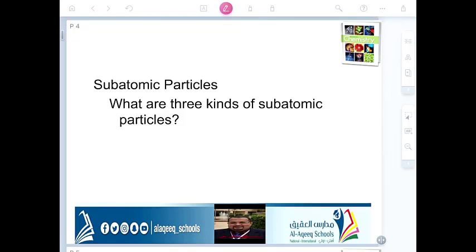As you know, in the atom we have something called subatomic particles. The atom has a nucleus containing protons carrying positive charge, neutrons, neutral, and the electrons outside carrying negative charge. So we have three kinds of subatomic particles in the atom.